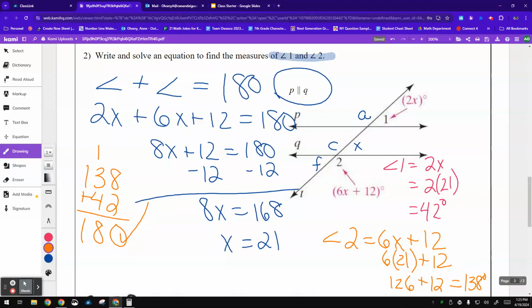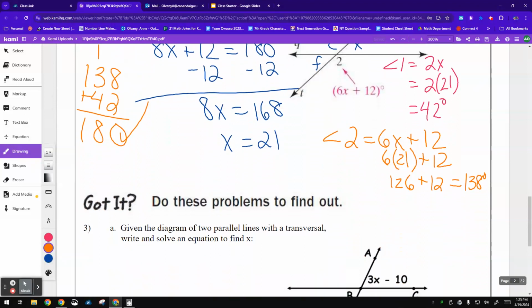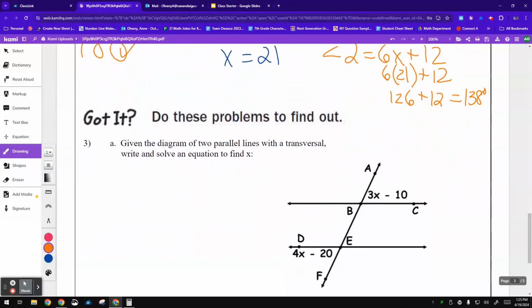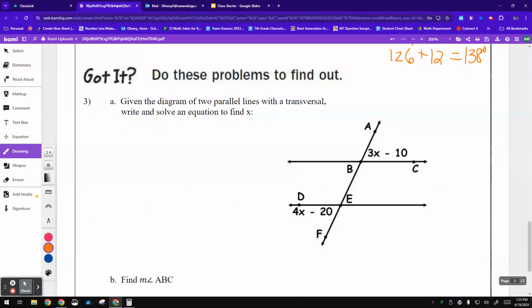Okay? Anything else we got here? Try this one. Given the diagram of two parallel lines with a transversal, write and solve an equation to find x. What kind of angles are these? Louder. What's their relationship? Alternate exterior. Alternate exterior angles are congruent.